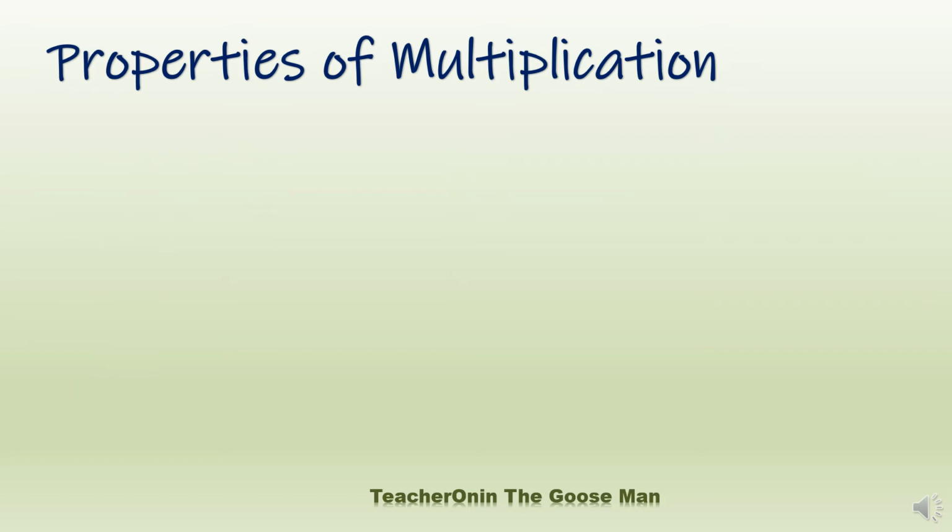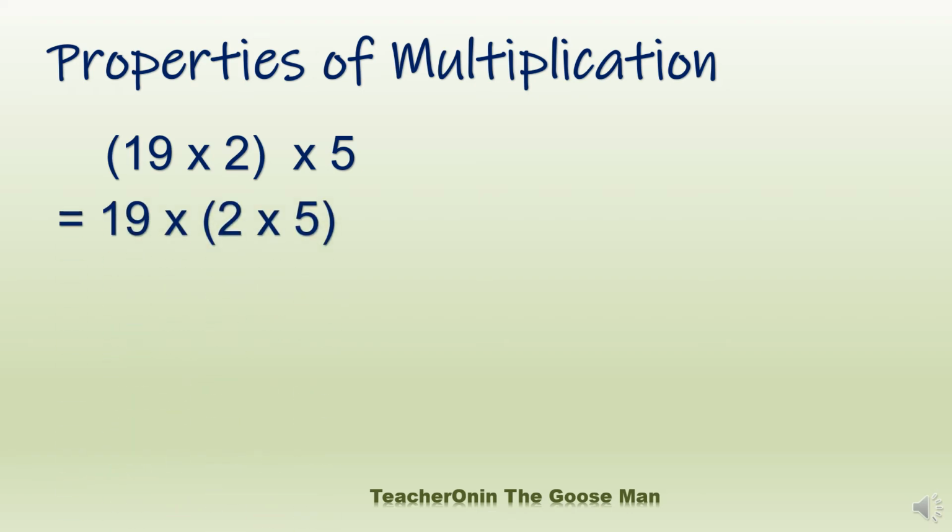Let's move on to the properties of multiplication. So say for instance, I have 19 times 2 times 5. So what is the best way to multiply this? In order for me to calculate this one a little bit faster, I regroup 2 and 5. But I'll get the product of 2 and 5 first.